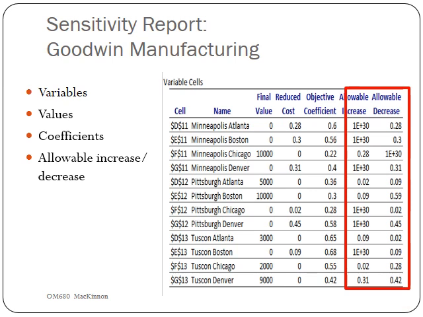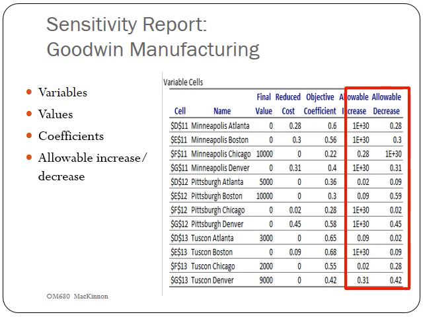We have our allowable increase and decrease. In a lot of ways, the sensitivity report could alternatively be known as the insensitivity report, because what it tells you is how much any of these values could change before it changes the base case, before it changes the optimal solution.